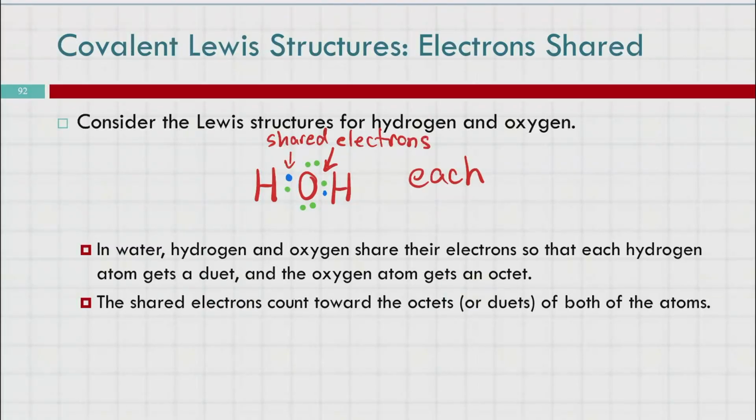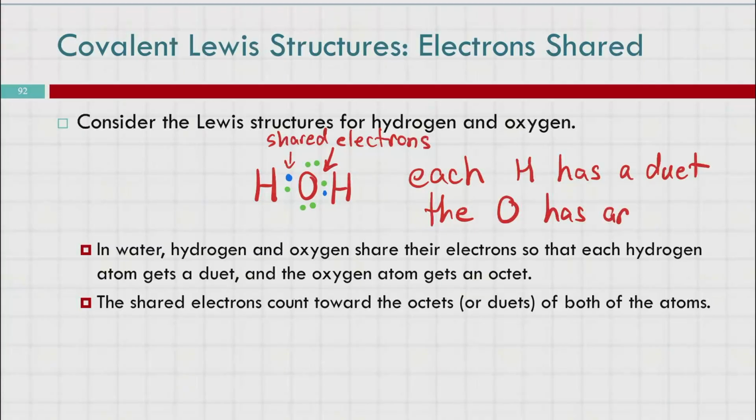So in this Lewis structure, each hydrogen has a duet, the hydrogen equivalent of an octet, and the oxygen has an octet.